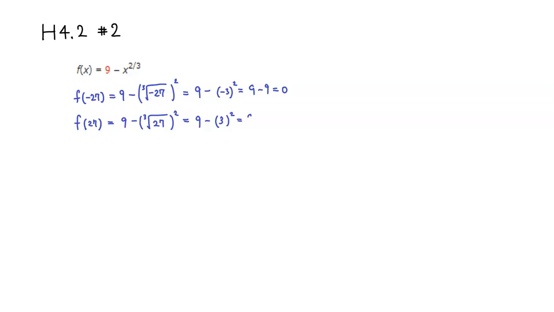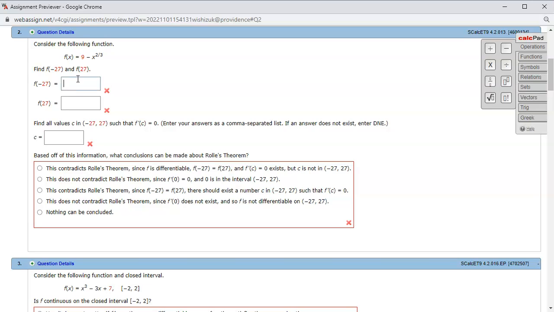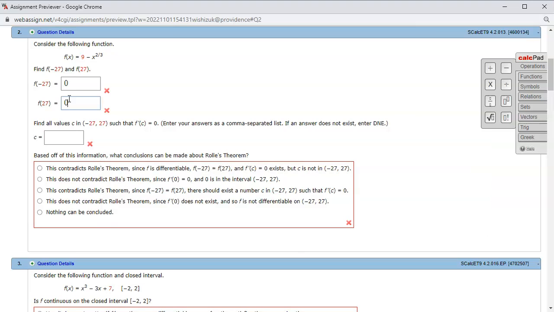Then again, 9 minus 3 squared is 9 minus 9, which is also 0. So the answer is 0 for both. We got 0 for f of negative 27 and 0 for f of 27.